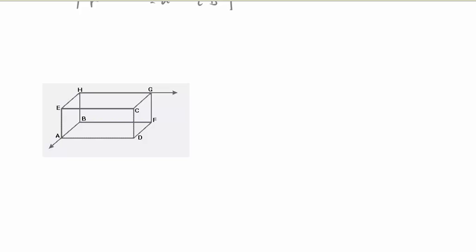Before we do, it is important to note that there are three types of lines when we're in three dimensions. There are coincident lines, and we should know what that is from our Algebra 1 time. They're lines that are really the same line. It's one directly on top of each other. They're exactly the same.